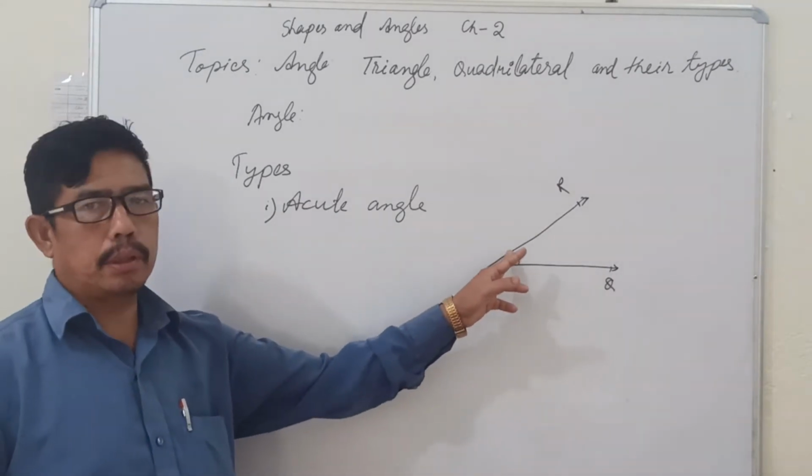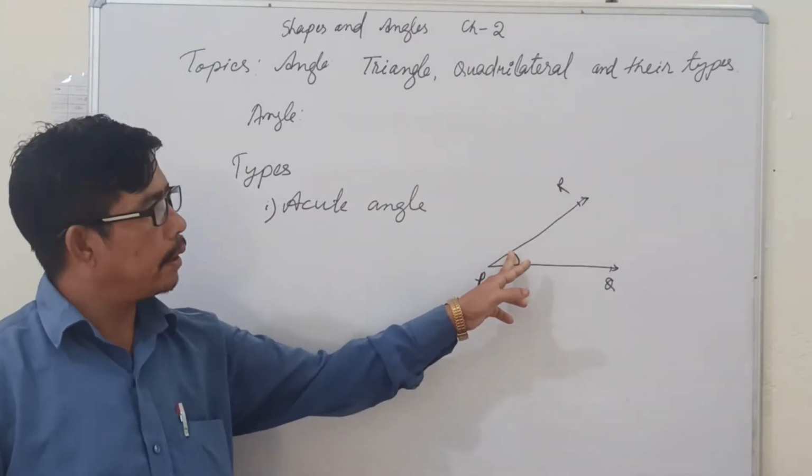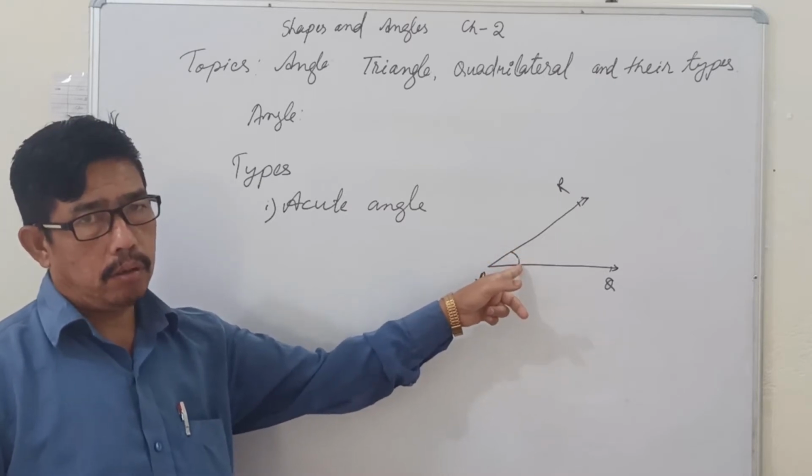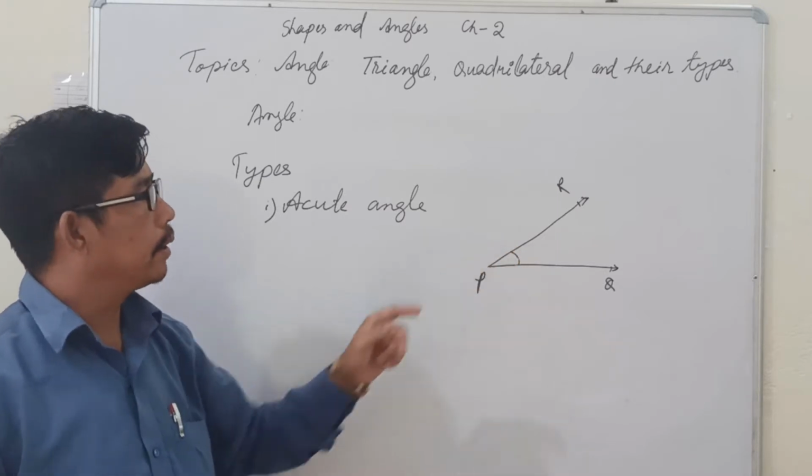You measure this angle with the help of your protractor and you will get a measure greater than 0 but less than 90 degrees.